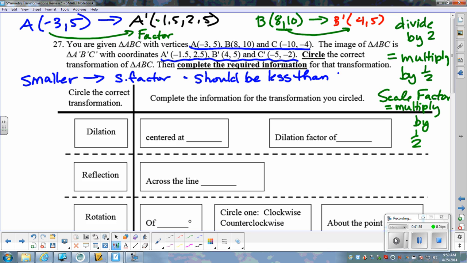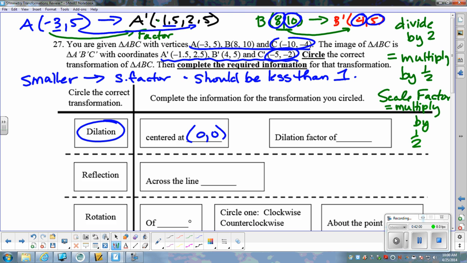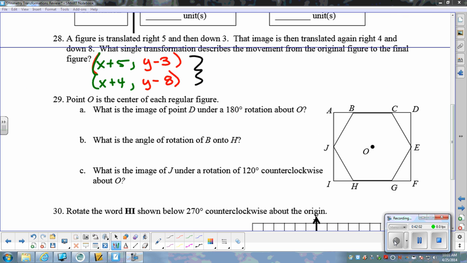And then we want to see if this is the case. So negative 3 times 1/2 is going to give me negative 1.5. Same thing, 5 to 2.5 is 1/2. 8 to 4 is 1/2. 10 to 5 is 1/2. And again, if I did the same thing with C and C prime, I would find the same thing. So I'm having a dilation centered around the origin with a factor of 1/2.